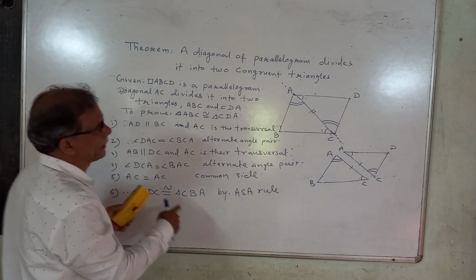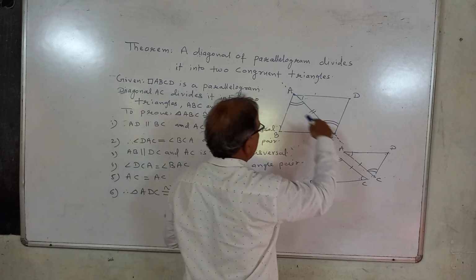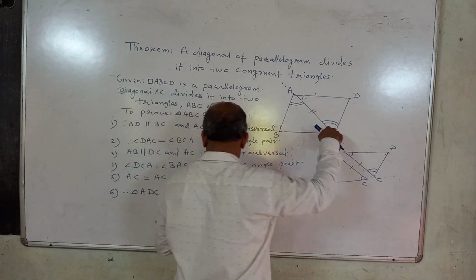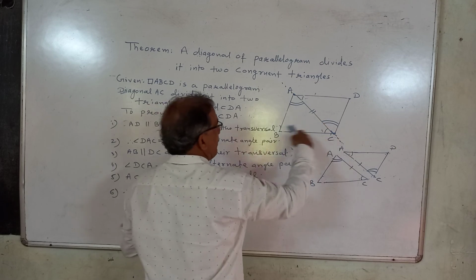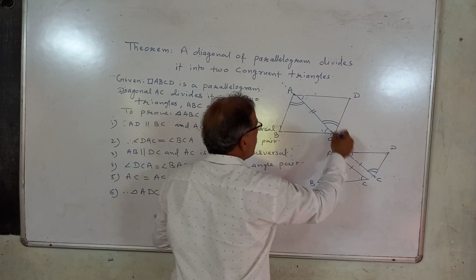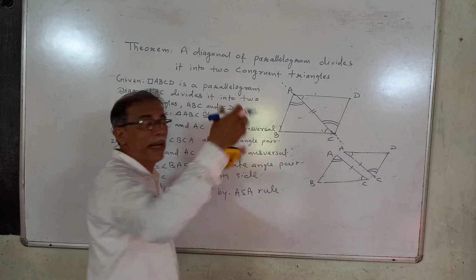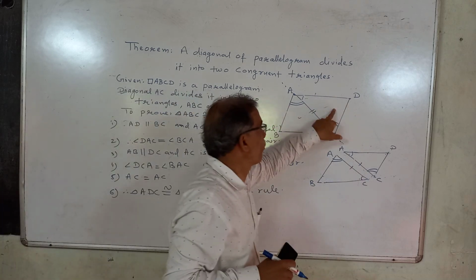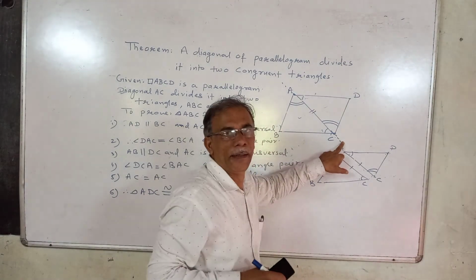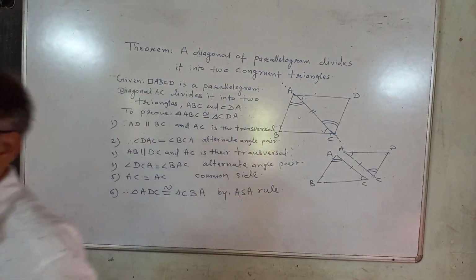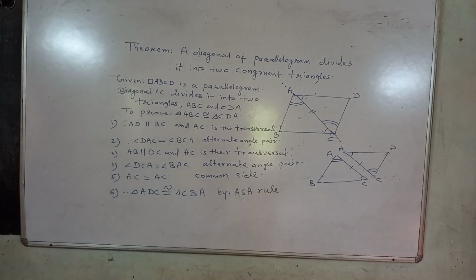So triangle ADC is congruent to triangle CBA, which means the two triangles formed by this diagonal are congruent. So these two triangles are formed by this diagonal. So a diagonal divides the parallelogram into two congruent triangles. Okay?